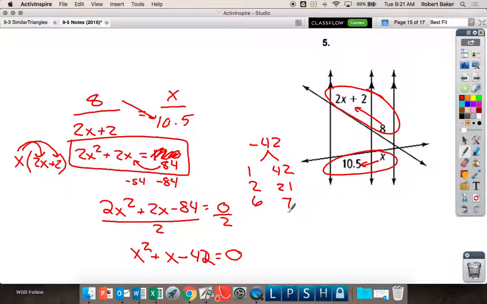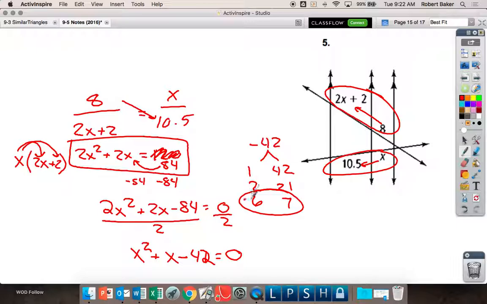So is there any way that 1 and 42 can make the number 1 when you add them together or subtract them? Is there any way that 2 and 21 can add or subtract and make the number 1? Is there any way that 6 and 7 can be added or subtracted and make 1? Okay, I need positive 1. They have to multiply to make negative 42, and they have to add to make positive 1.